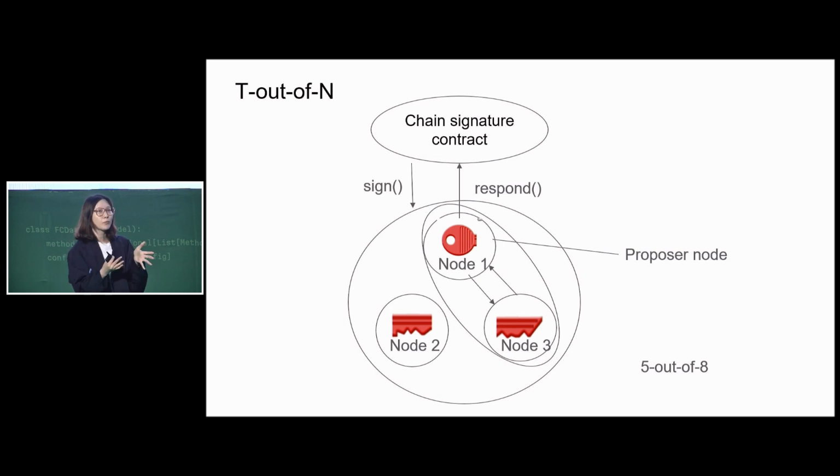On mainnet, we are using 5 out of 8 signing, which means at any time, as long as there are 5 nodes alive online, we can still respond to the sign requests. So our system can tolerate up to 3 nodes being offline, and if anyone tries to attack the system and take it down, they need to take down at least 4 nodes, which becomes at least non-trivial.